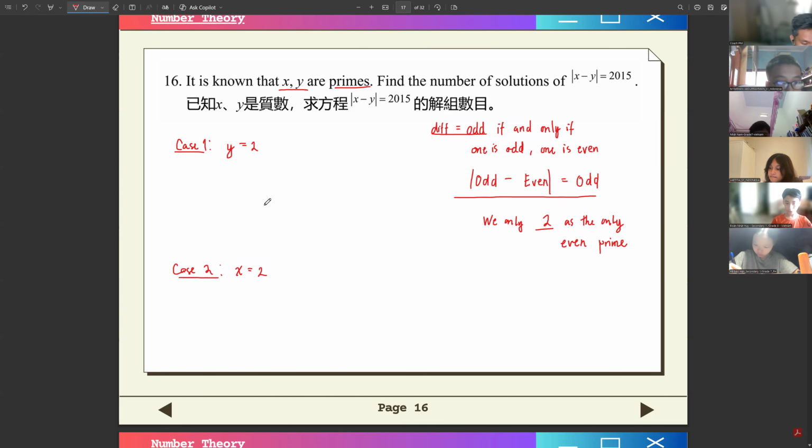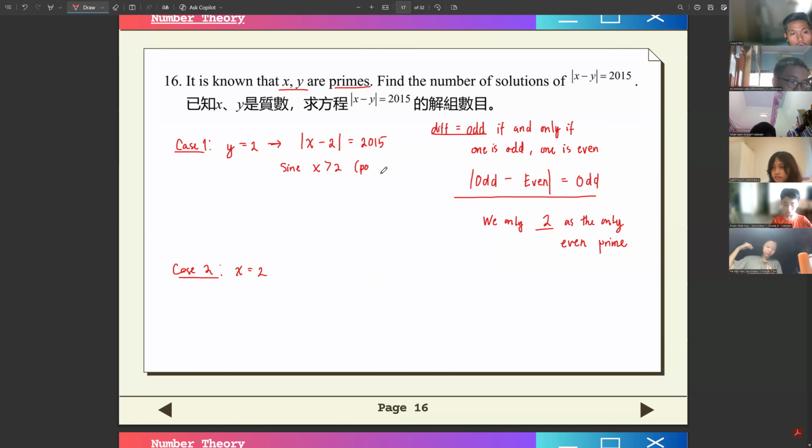So if y is equal to 2, our absolute value equation becomes x minus 2 is equal to 2015. And then take note, x should be greater than 2. Why? Because it is a positive prime number, and all positive prime numbers except 2 itself are bigger than 2.